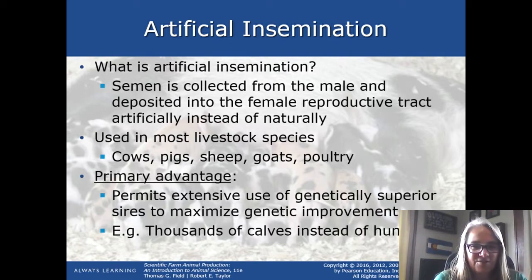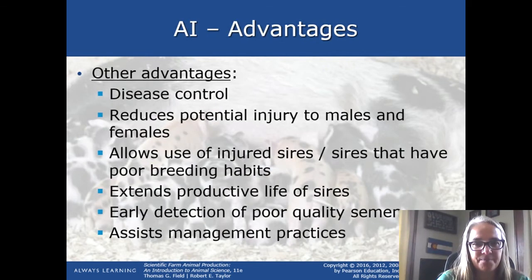The primary advantage of artificial insemination is that you can use superior genetics and improve your herd even when that animal is not on site. So maybe you can't afford a bull, for example, that has really awesome genetics, but you can afford to inseminate a couple cows with that bull and increase your herd genetics that way.